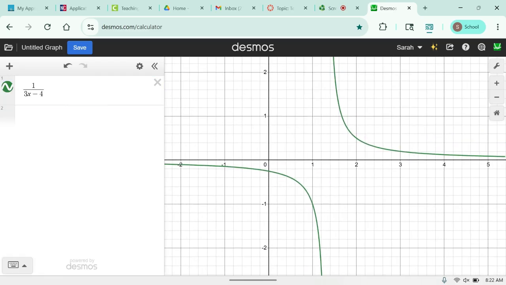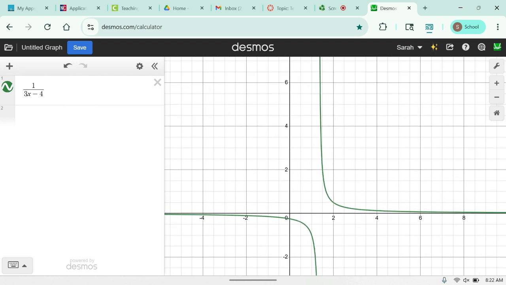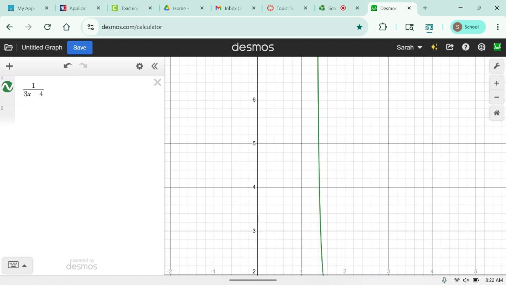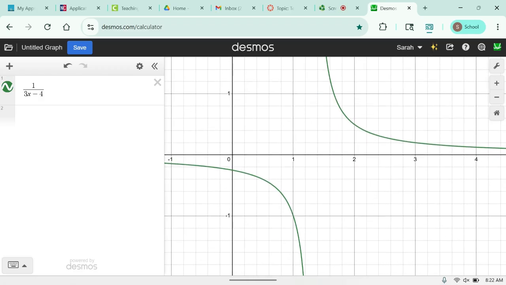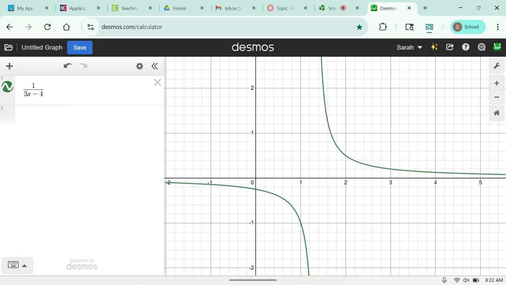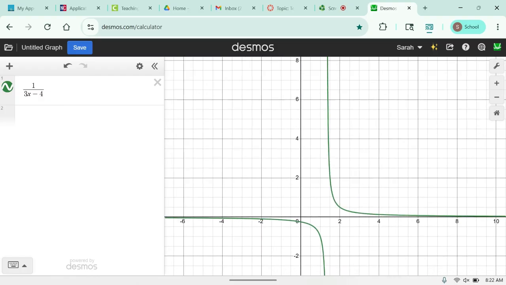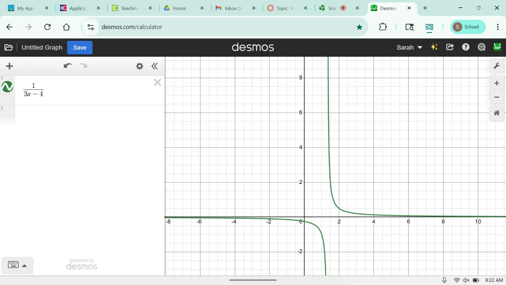Zoom in just a little bit. What number does it look like it's not going to cross at? What x value? So 4/3. All right. So in other words, it's pretty close to 1, but it's a little past it, but it's not quite halfway there to 2.